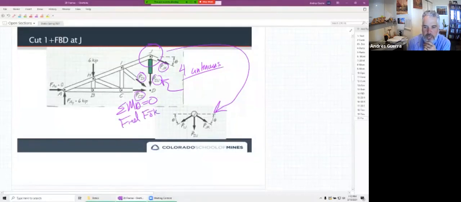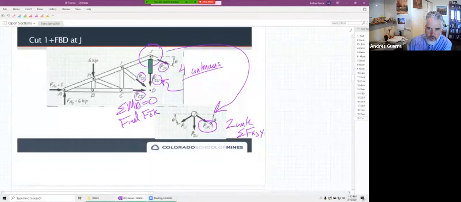And then once we know FJK, this FBD at J only has two unknowns, and we can use sum of forces in the X and Y, and we can solve for DJ. So that's one potential option, to make that cut.